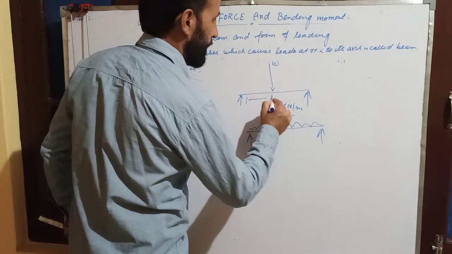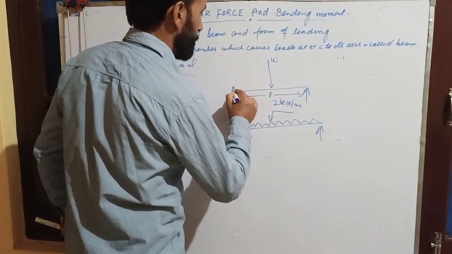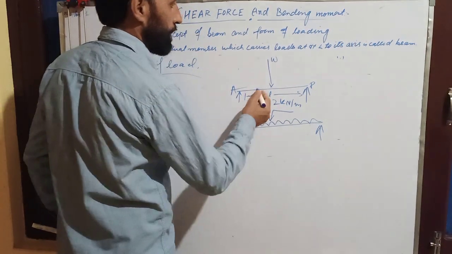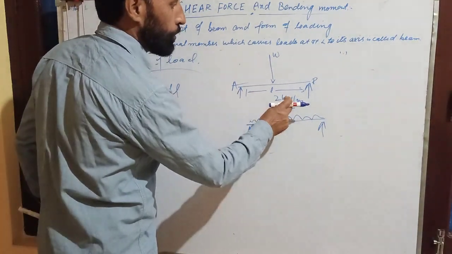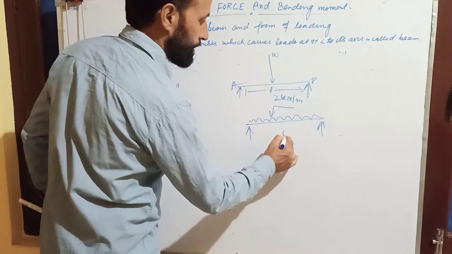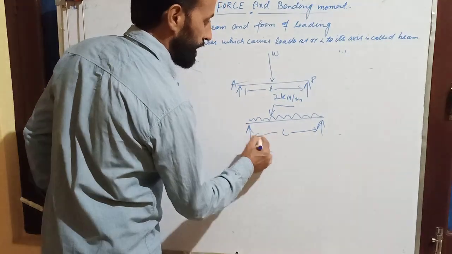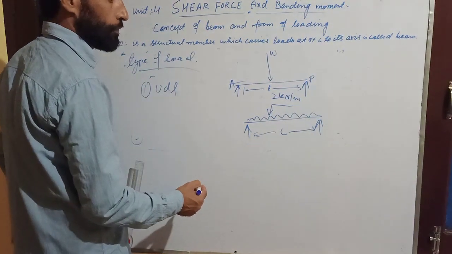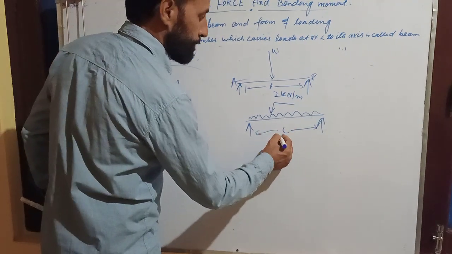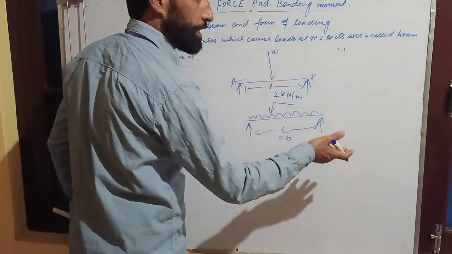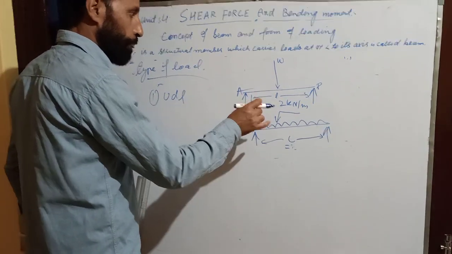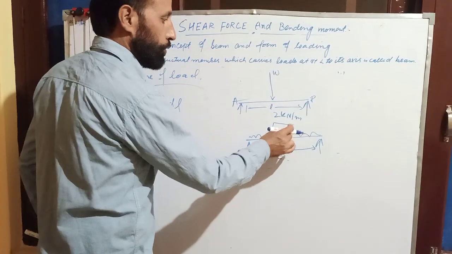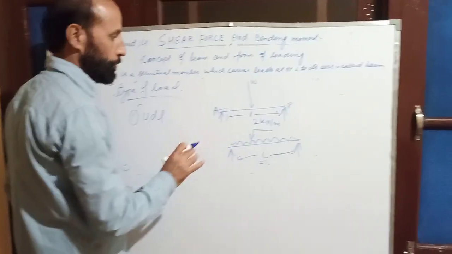This is the beam AB and the length is L. L is the length of the beam. Say this length may be 10 meter, 2 meter, 3 meter, whatsoever. So here I put 2 kilonewton of load.